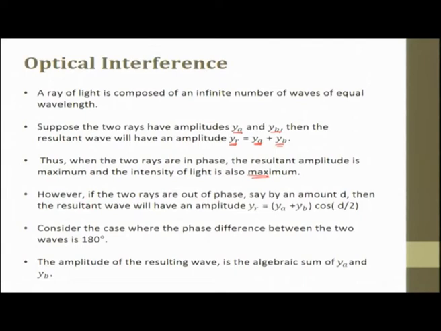However, if two rays are out of phase by an amount D, then the resultant is going to be YR equal to YA plus YB into cos D by 2. Considering the case where the phase difference between the two is 180 degrees, the amplitude of the resultant wave is the algebraic sum of YA and YB.